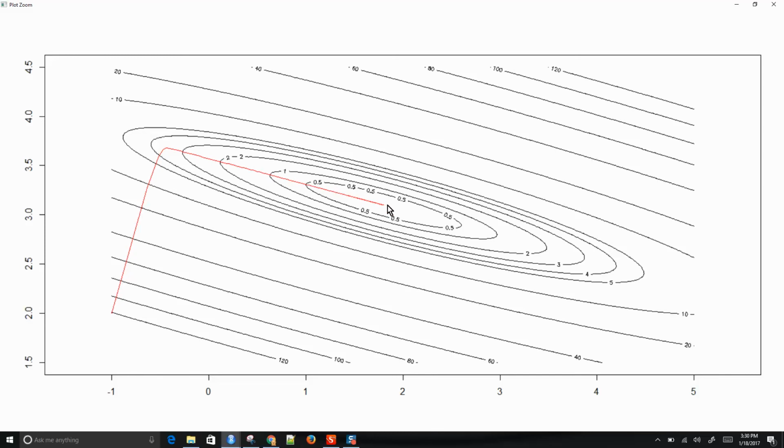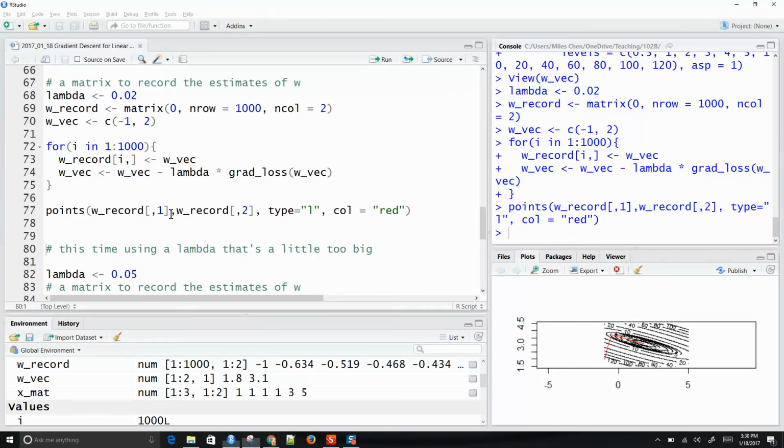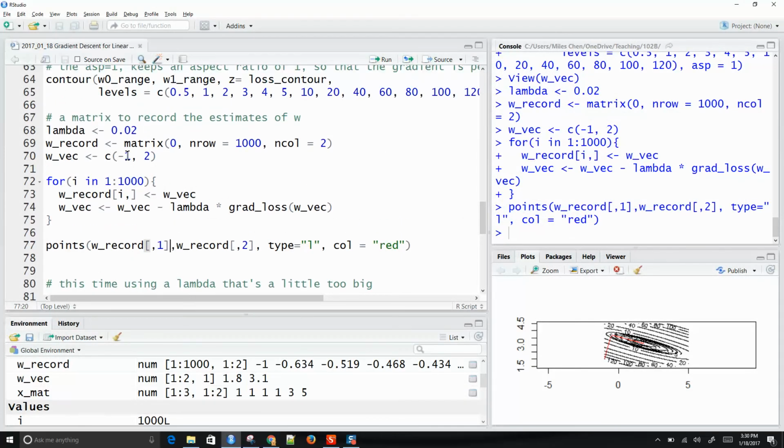Okay. And I can start at another point. I could start over here, and we would see something similar. So if I start here, that looks like 4 and 4.2. We can start there, start at 4 and 4.2 as our starting spot.